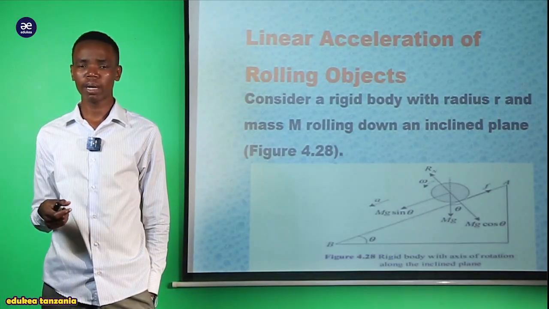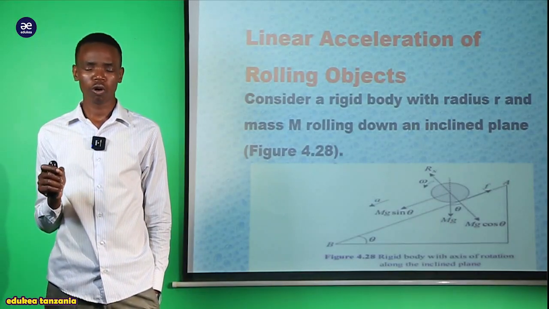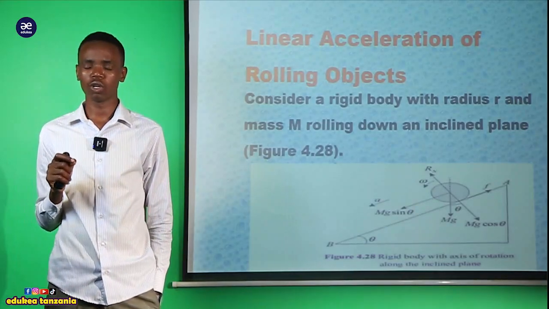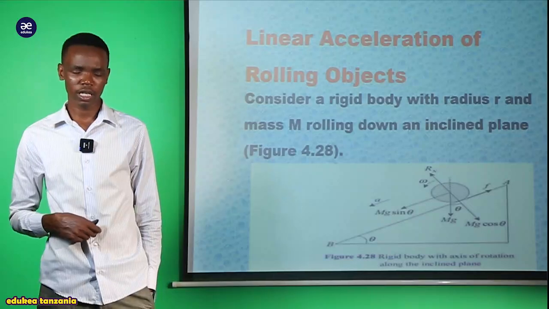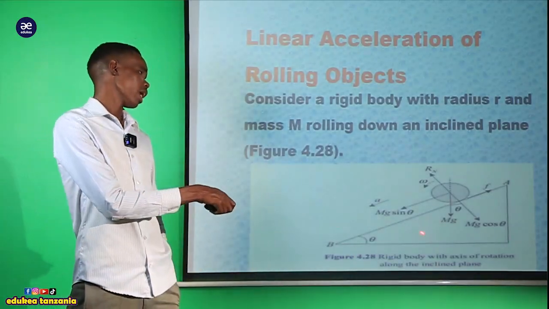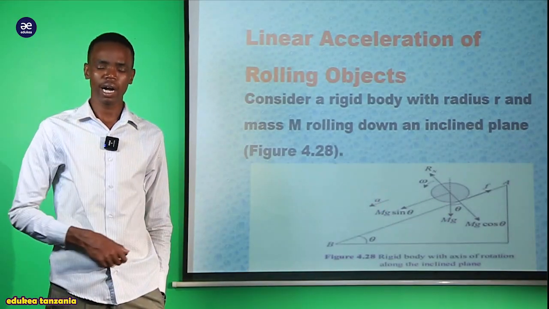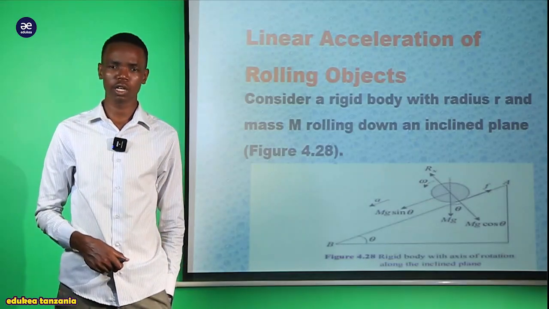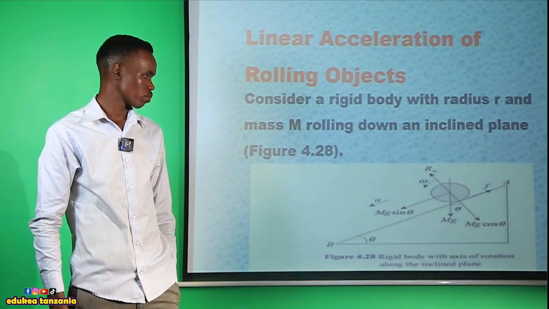Here, in order to determine the rigid body that can reach the bottom first, we could find the acceleration, or we could find the velocity, so that we can identify the speed of those objects. So through this one, we can obtain the linear acceleration that the rigid body can take when it is trying to roll on an inclined plane.